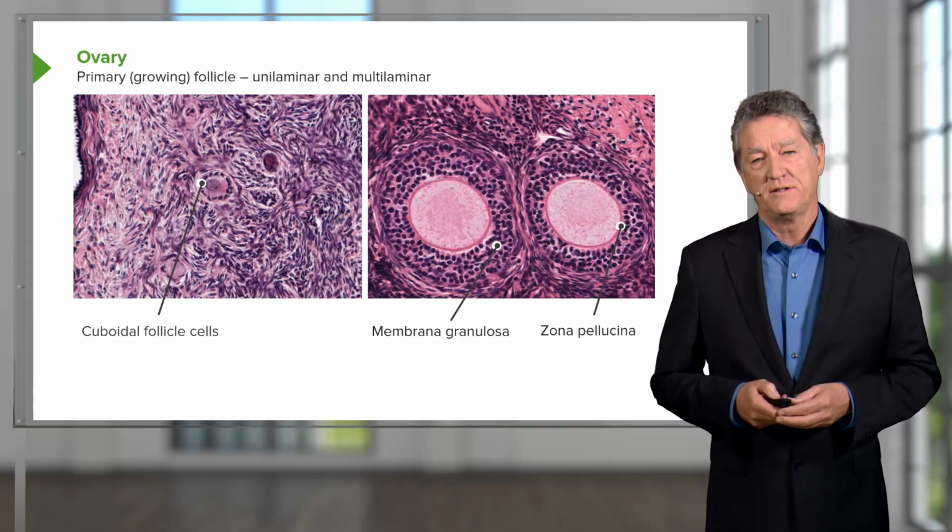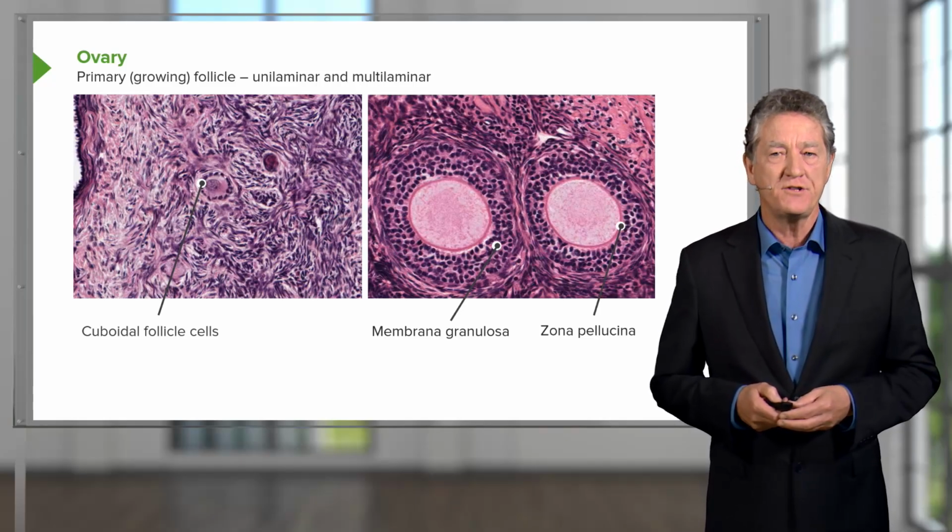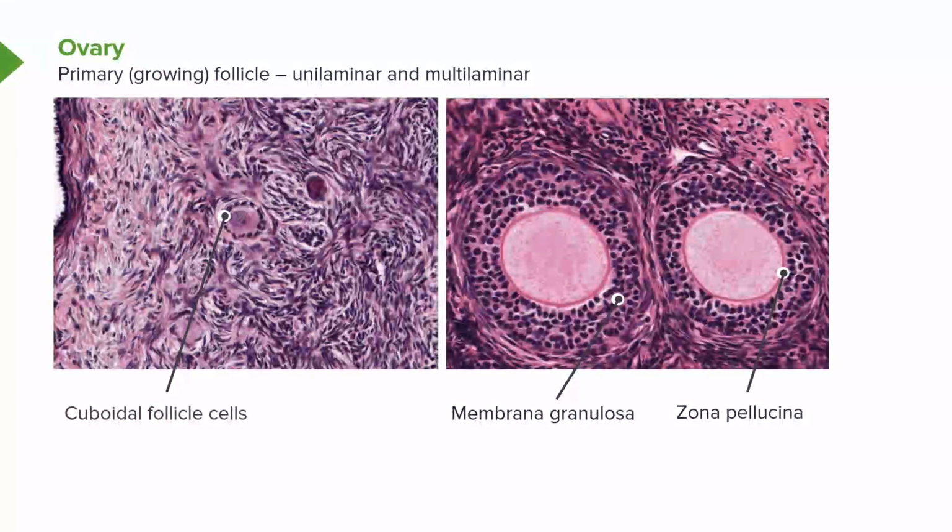Also, you can see in the picture on the right-hand side a shell around the oocyte. It's the zona pellucida. It's a homogeneous stain, very brightly stained, covering around the oocyte. That zona pellucida is going to persist right through until after ovulation.